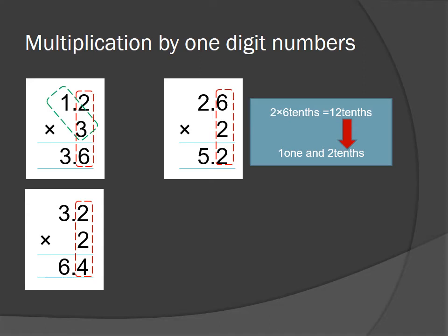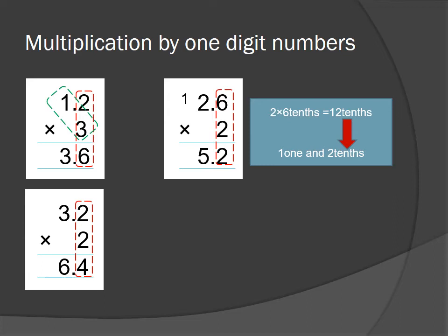So that number is greater than 9. So we want to regroup that number. 12 tenths you can regroup as 1 one and 2 tenths. So 2 tenths are there. That number 2 you can write in tenths place. The other one you have to mark in ones place.